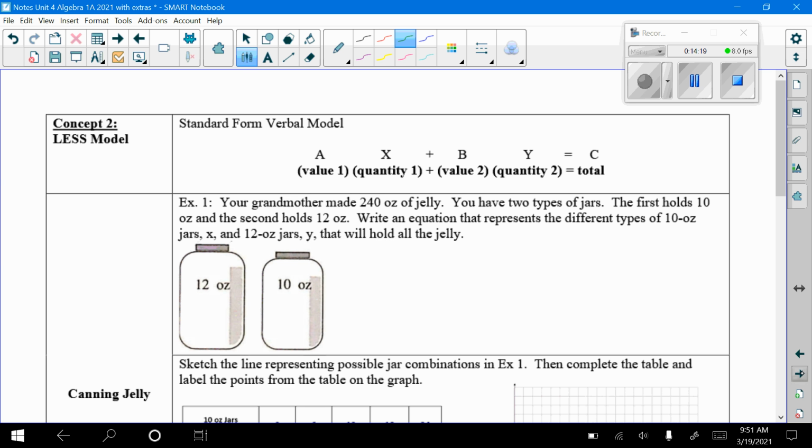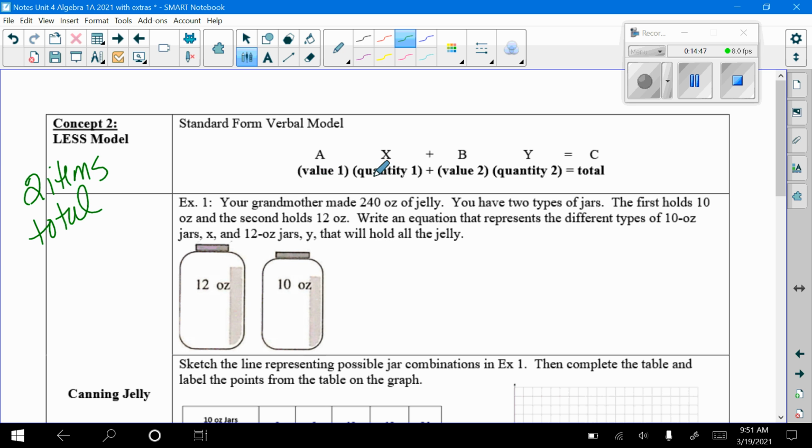Now we have some standard form word problems. We're going to look at it from a verbal model. The verbal model is a format ax plus by equals c. I'm going to have 2 items and a total. So when I label my information, I'm really looking for what the x stands for.